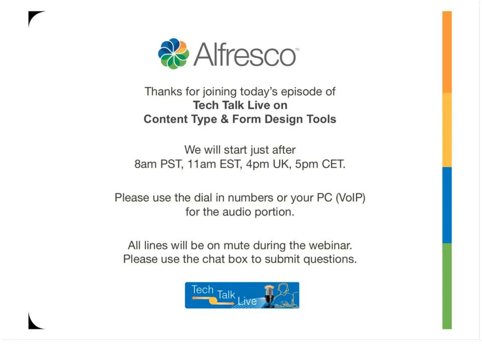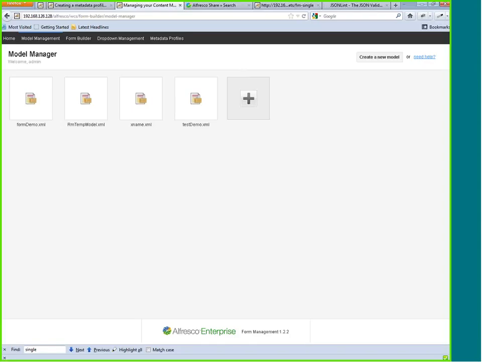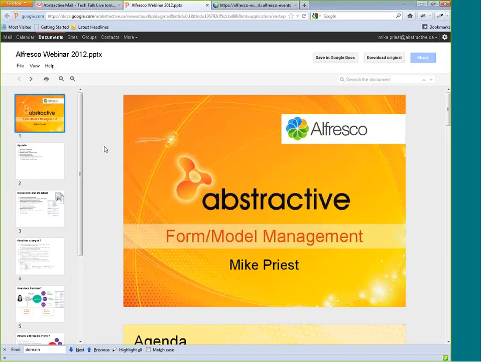Your tool allows them to define that form, and it adds a layer that sits above the out-of-the-box content model and Alfresco form service, right?